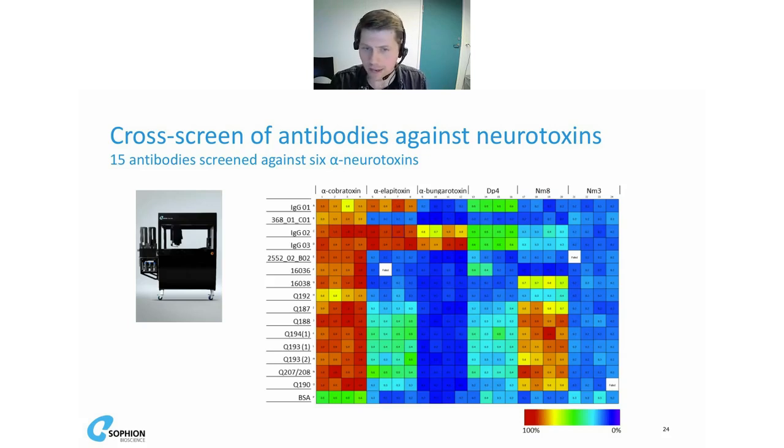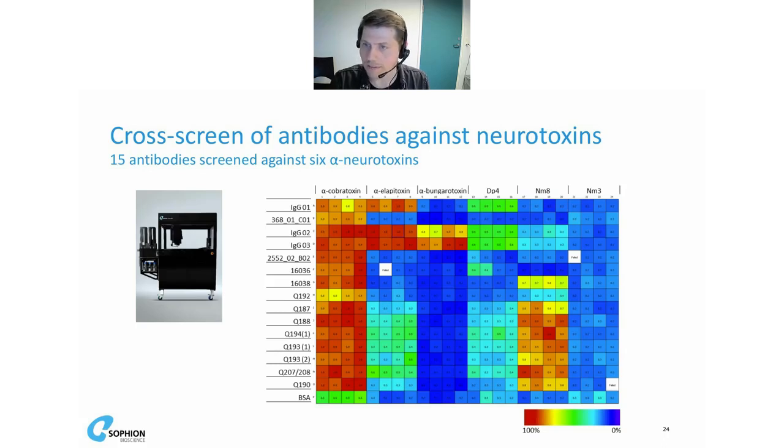and that represents a heat map showing the neutralization ability of the antibodies, with red indicating a high neutralizing potential, where the entire acetylcholine response is restored, whereas with the blue, you don't see any effect of the antibody, and the toxin is blocking the receptors.